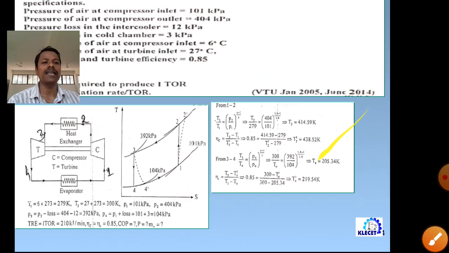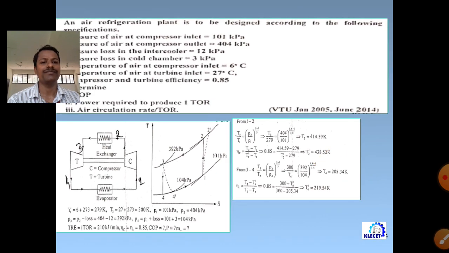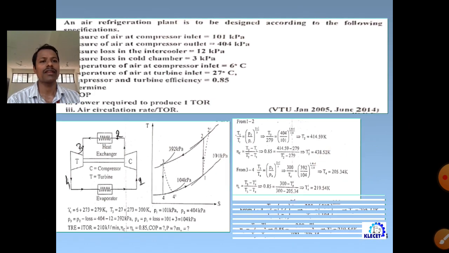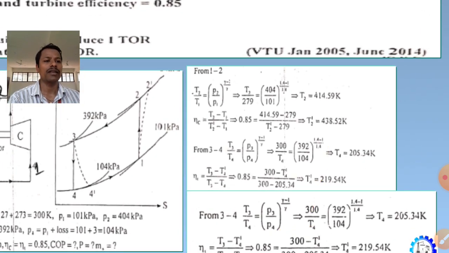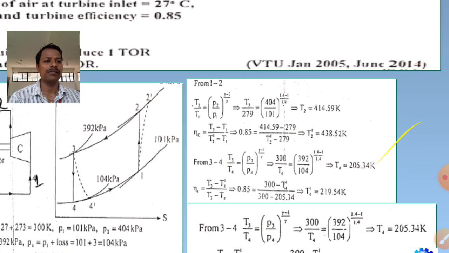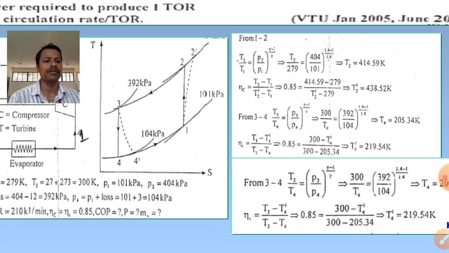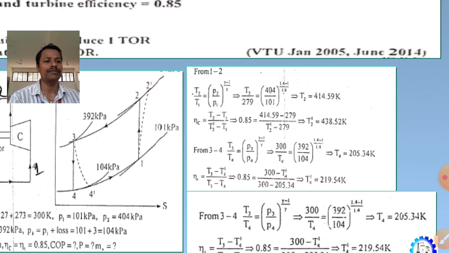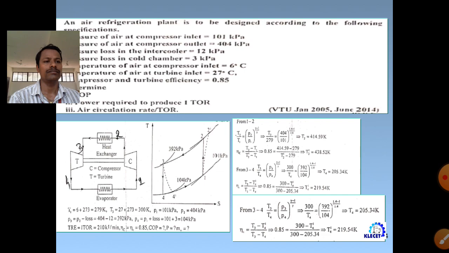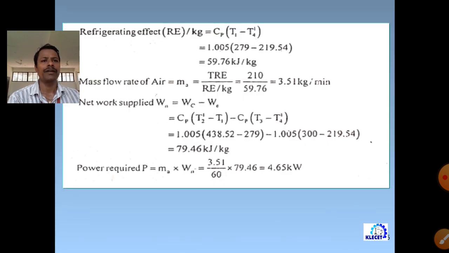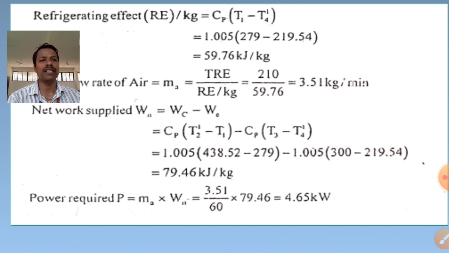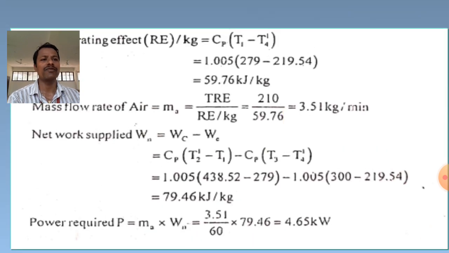So once I find these values, I will be able to calculate the refrigeration effect, that is T1 minus T4 dash.